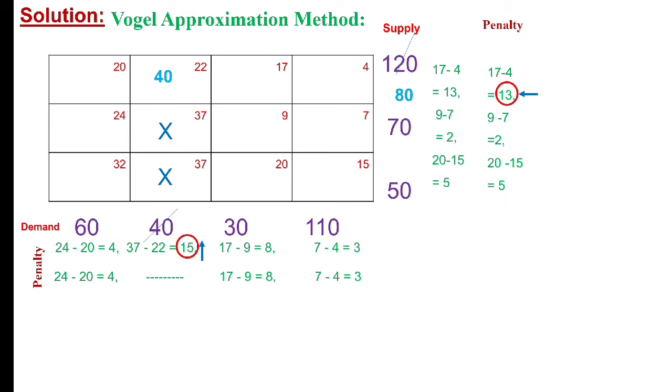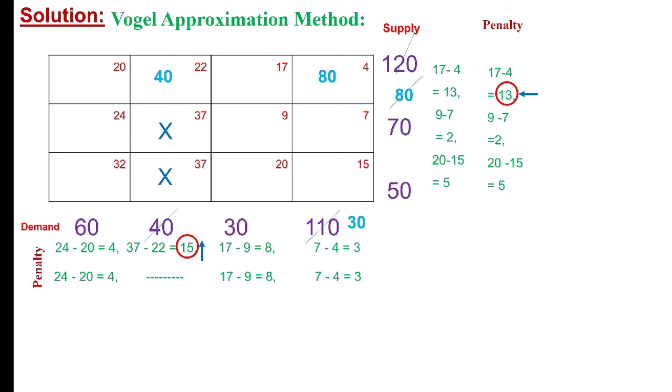Come to this third step. First row is already filled, so dash. Second row, 9 minus 7, 2. Third row, 20 minus 15, 5. Come to the columns. The first row is filled, so it will not be considered.